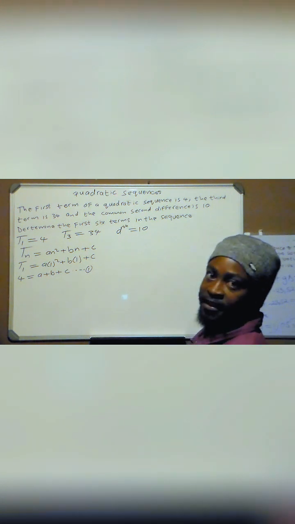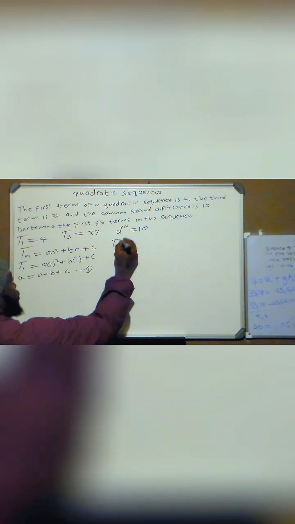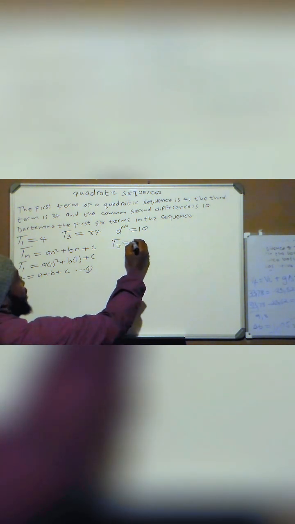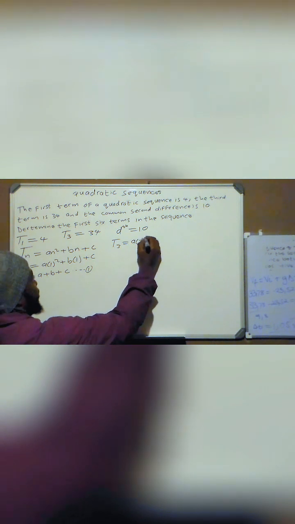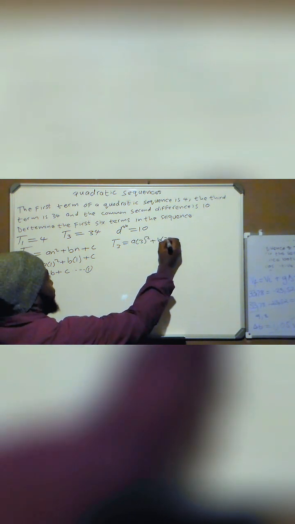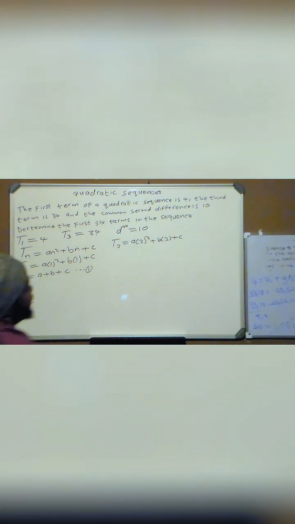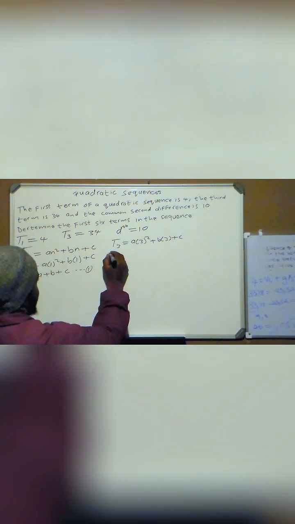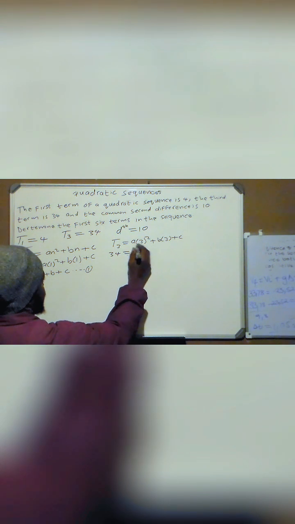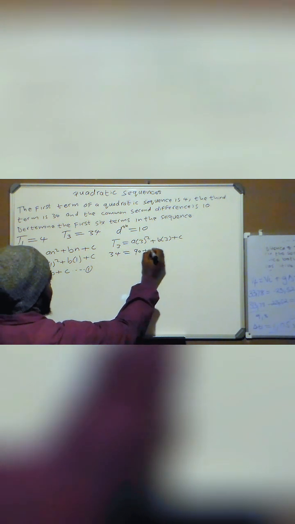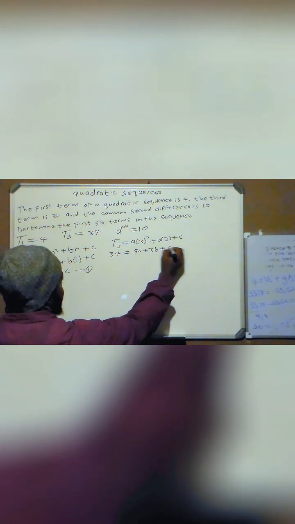Then we use the third term that we are given and substitute in the general equation. For T3 we have a times 3 squared plus b times 3 plus c. We know that T3 equals 34, so 34 equals 9a plus 3b plus c, equation 2.